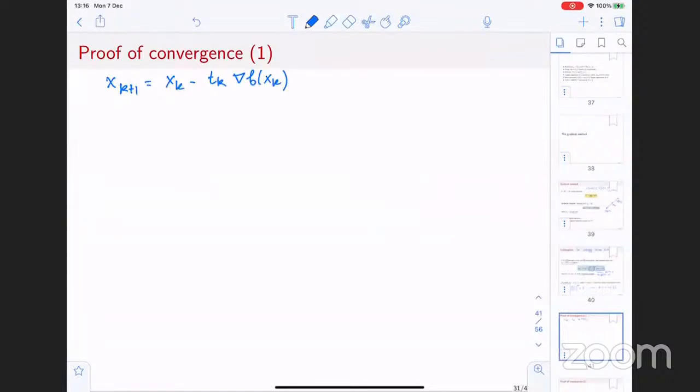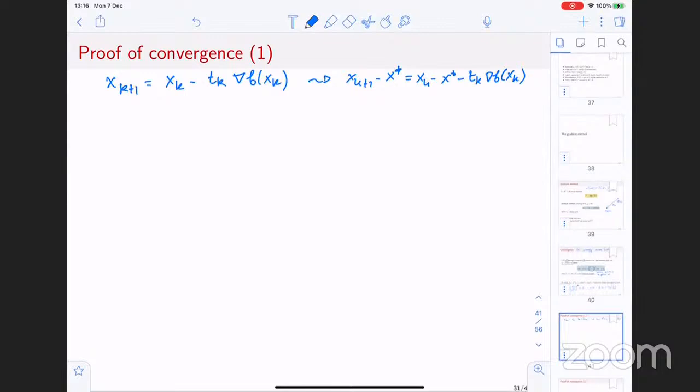Now I'm interested in the distance between x_k and x star. So this tells me that x_{k+1} minus x star is equal to x_k minus x star, minus t_k times the gradient of f at x_k. So the distance from x star is the same as x_k minus x star minus this term involving the gradient.